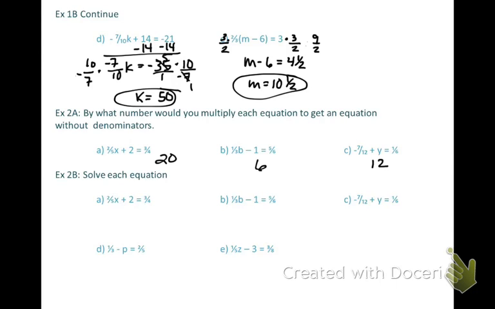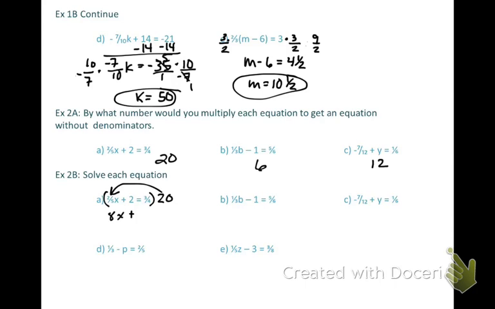So example 2B, I'm going to multiply the whole thing by 20, and I'm going to distribute it. So 2/5: 5 goes into 20 four times, so 2 times 4 is 8x.